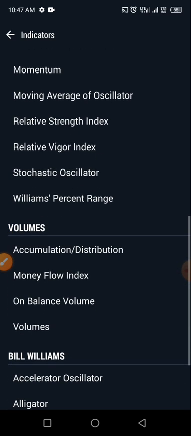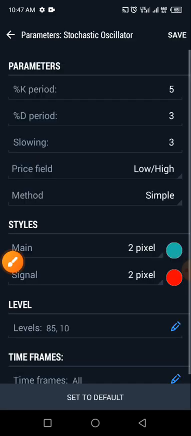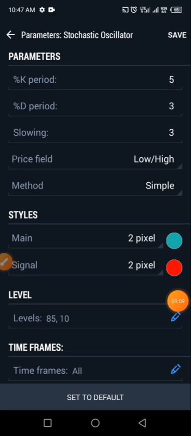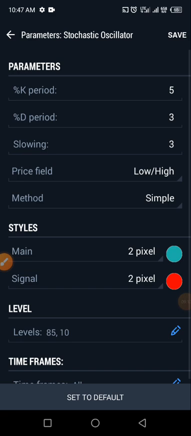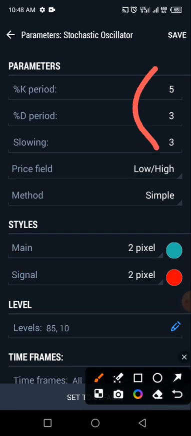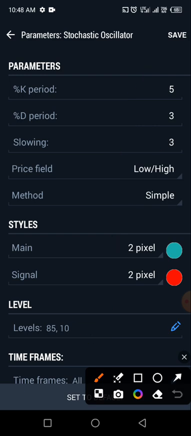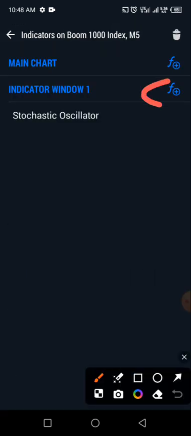We are going to make use of these same settings that we see here on my chart. So you can do well to make use of these parameters the way I have them on my chart and make use of this same level. Then we can click on save.